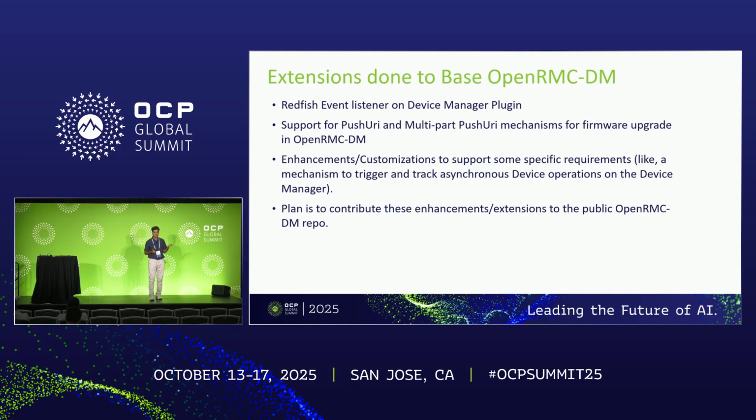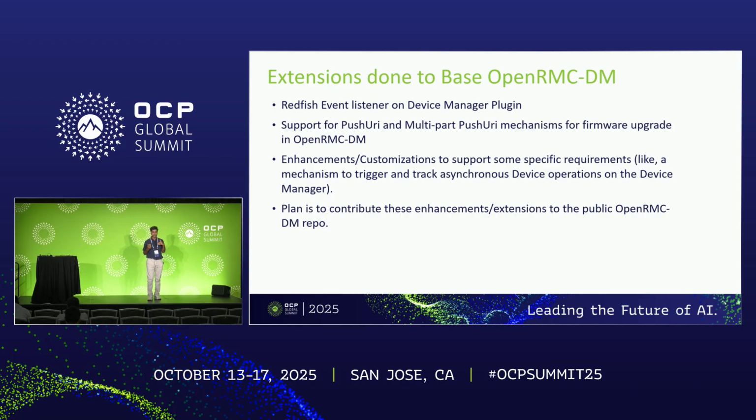The second is that the base OpenRMC DM supports only a simple upgrade, which is a pull upgrade. We've introduced push URI as well as multi-part push URI, wherein for upgrades, you can send the image to be upgraded inline as part of your call to make the upgrade.